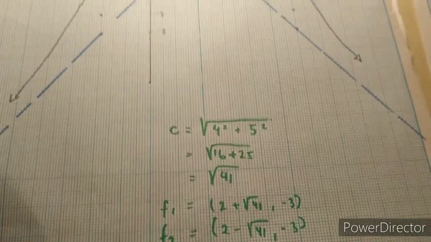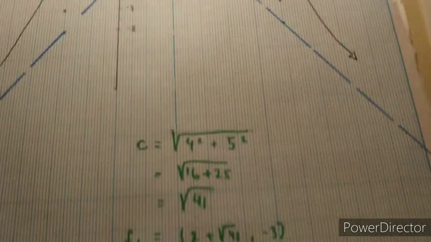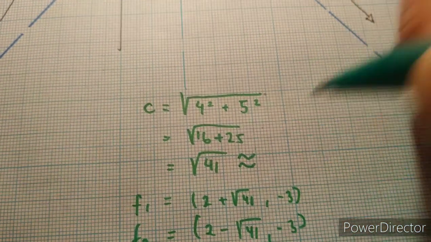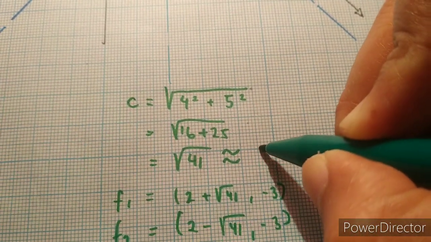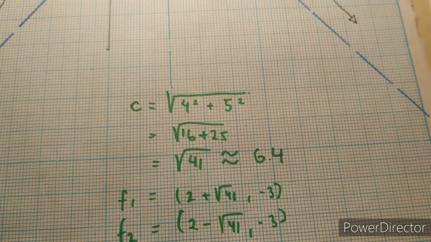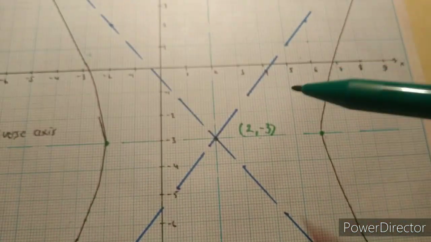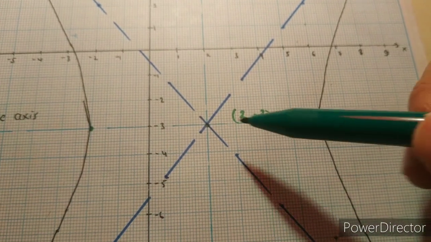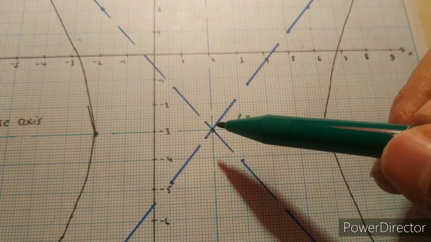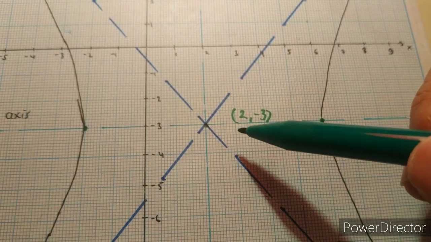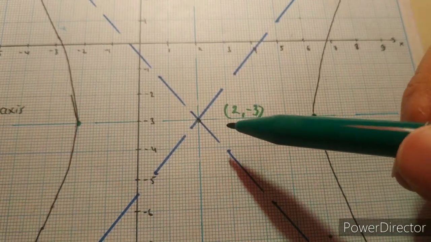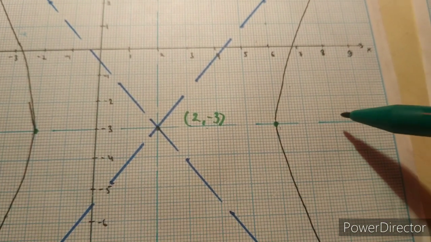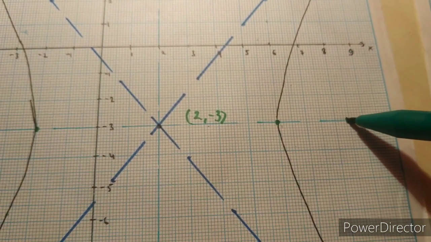Or if we want to plot it on the graph, let's find the approximation of the value of square root 41. It is about 6.4. So your foci will be 6.4 units to the right from the center and 6.4 to the left from the center. 1, 2, 3, 4, 5, 6.4, so around here.